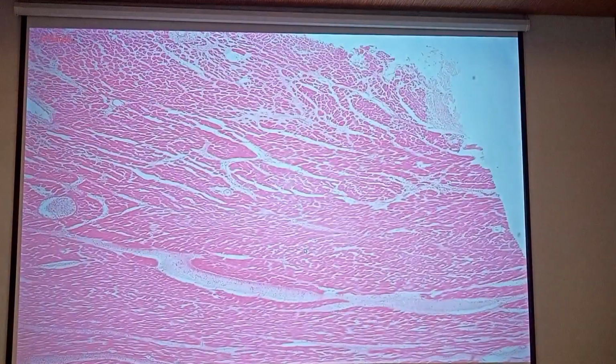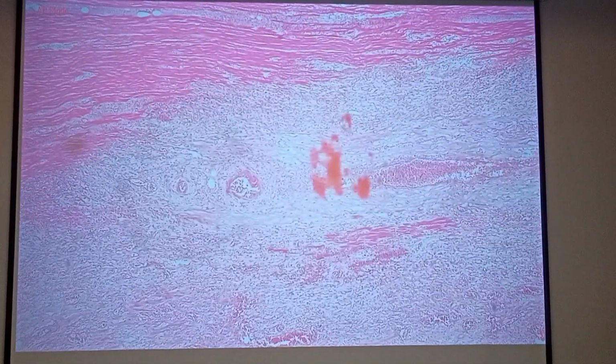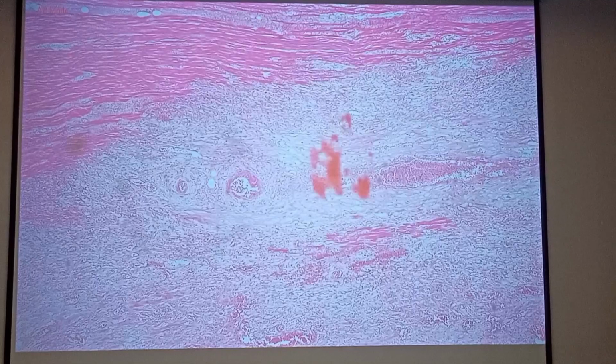Next one is, what do you see there? What do you think that tissue is? Do you notice whenever I view a certain slide? This is actually, as you can see, this part right here, well demarcated, right?